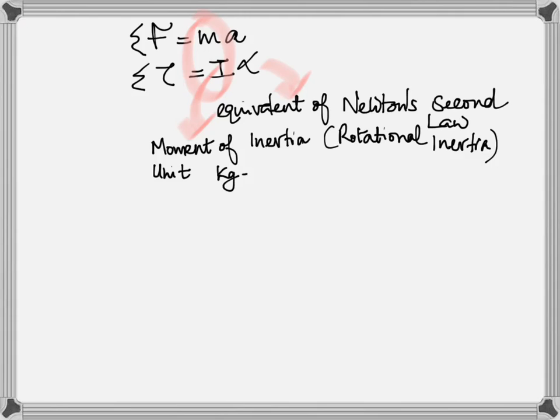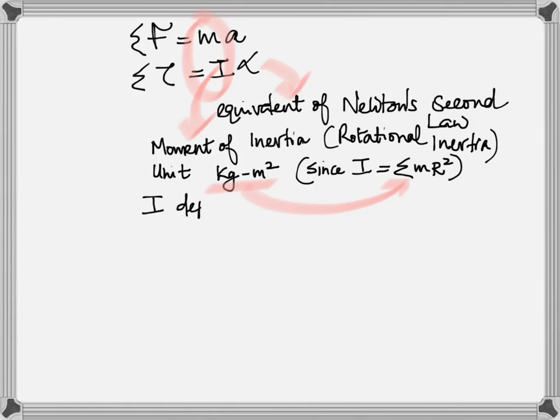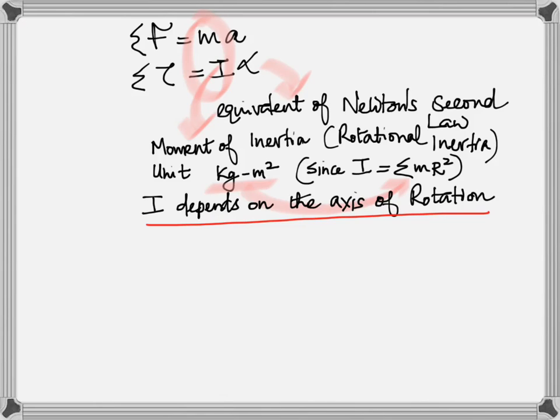And the unit of moment of inertia, it's also called rotational inertia, moment of inertia, is kilogram meter squared because of that formula. And surely I depends on the axis of rotation, where you rotate it.